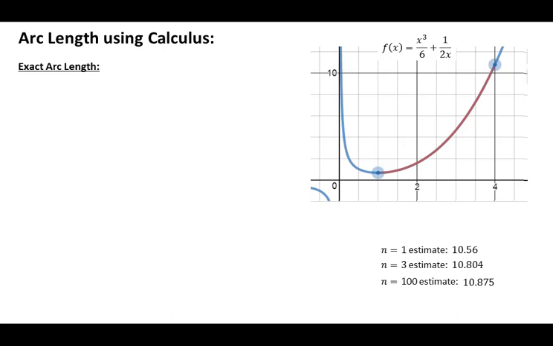And for this, we're going to need to use some calculus. So if we want to find the exact, we can take the limit as n approaches infinity. When n equals 100, that was pretty high, but if we ratchet it up to the limit as n approaches infinity, we will get the exact length of our arc segment here.